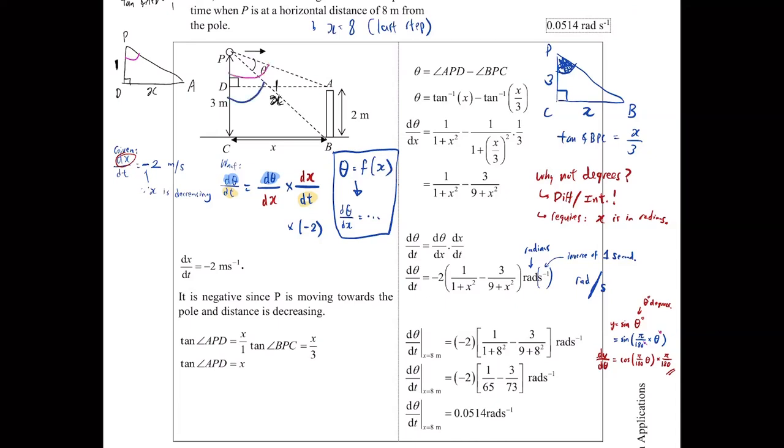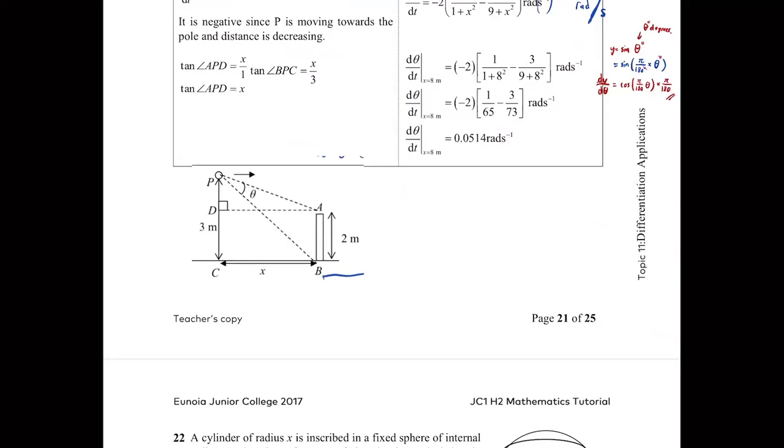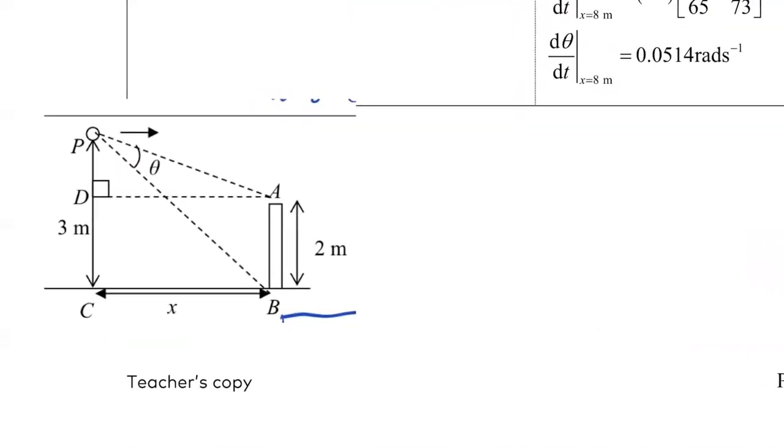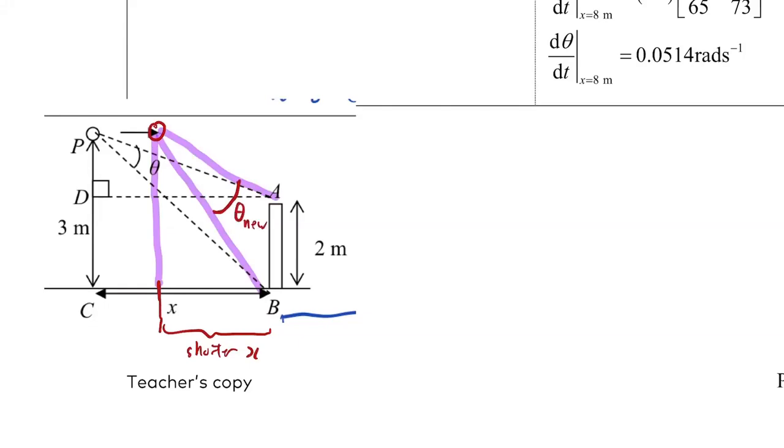Wait. Am I interpreting this wrongly? Let me see. As the x is decreasing, so maybe there's a new x here, a shorter x, then that means the point moves up to this step here. Then we get a triangle like this. Then there's an angle over here. That's your theta new. Okay, this one I don't say shorter x, I just say x new.